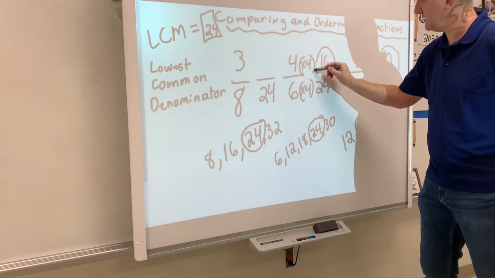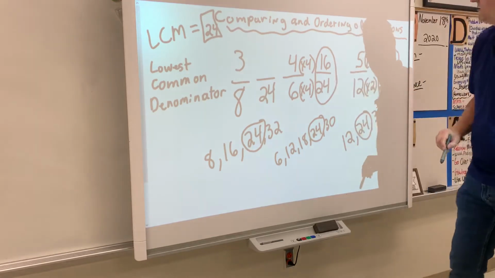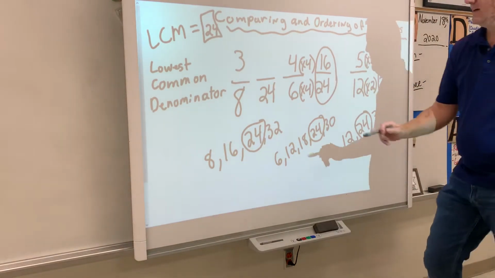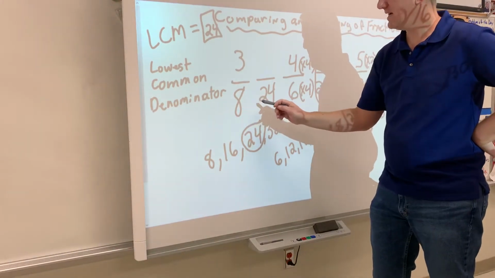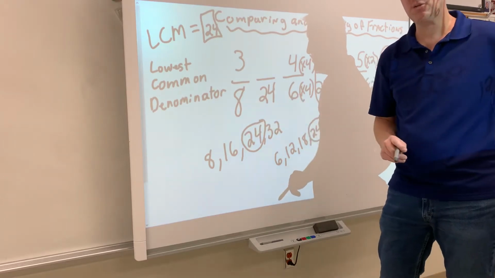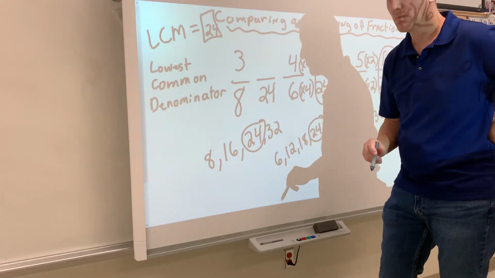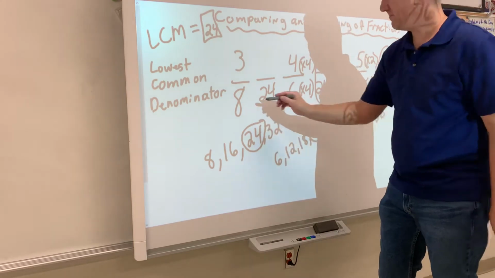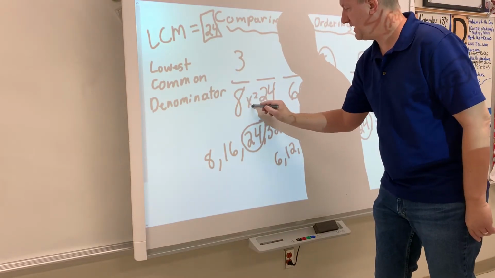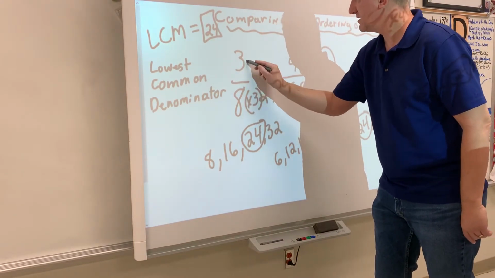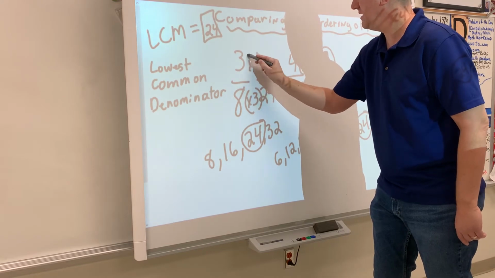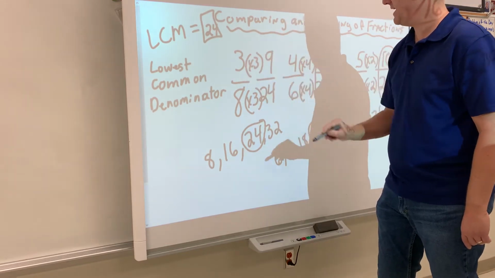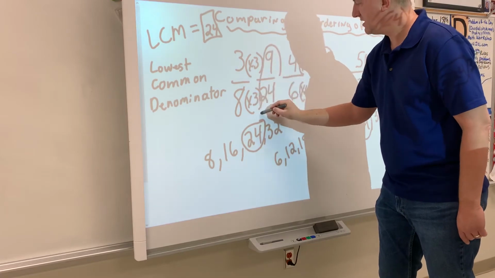This is 16 24ths. What times 8 gets you 24? Yep, you got it, 3. So times 3, that would be 9 24ths.